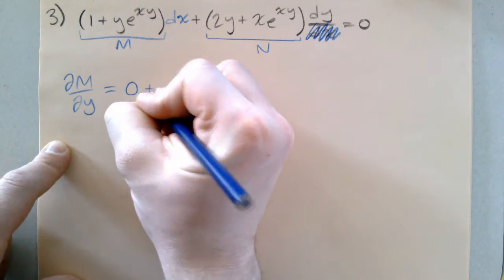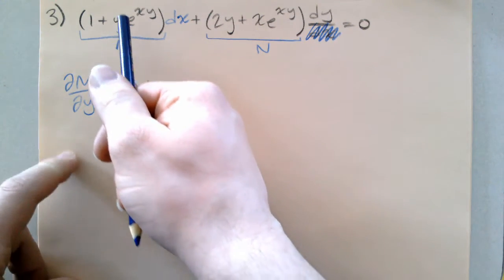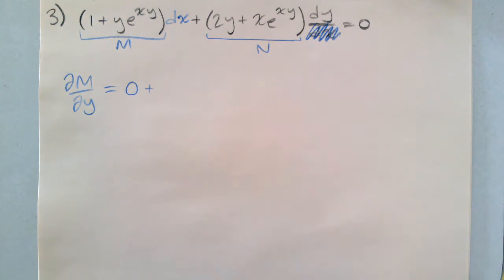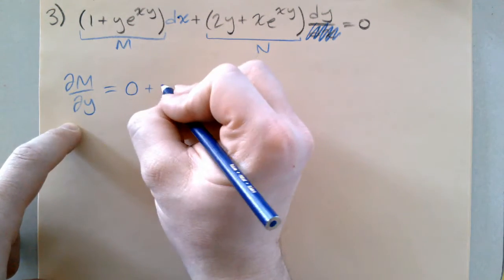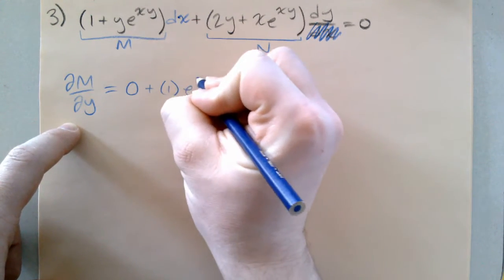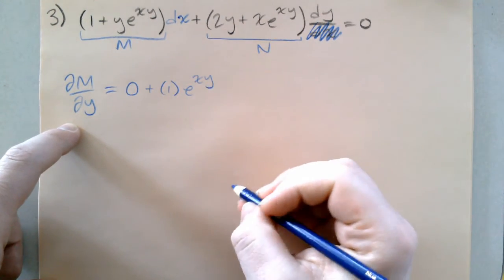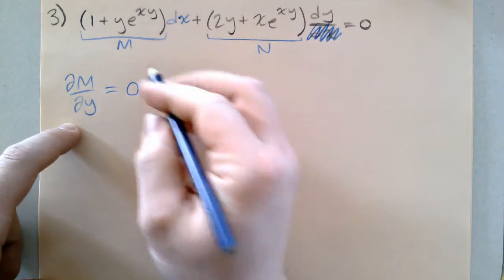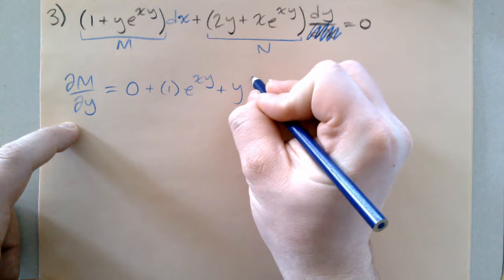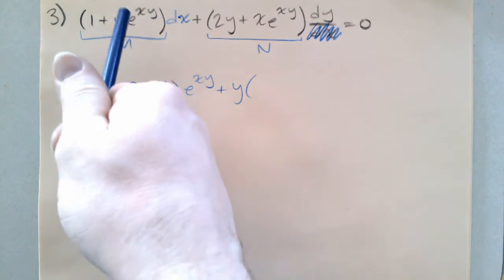Now the second term, we have two functions of y multiplied by each other. So we have to use the product rule. So we can start by differentiating the first term. That'll just be a 1. And leaving the second term alone, e^(xy). Then we have to add the other way. So we'll leave the first term alone. And then we have to differentiate e to the xy.